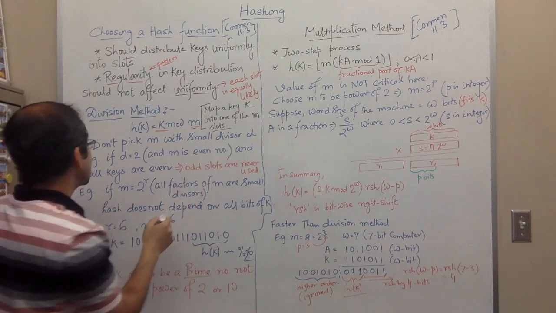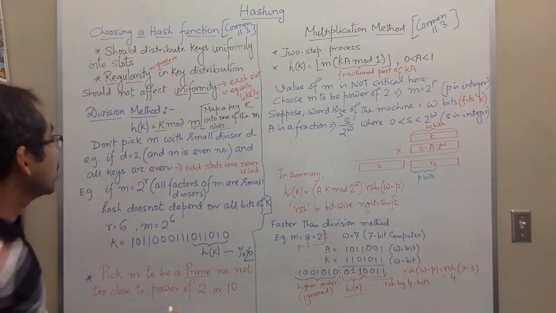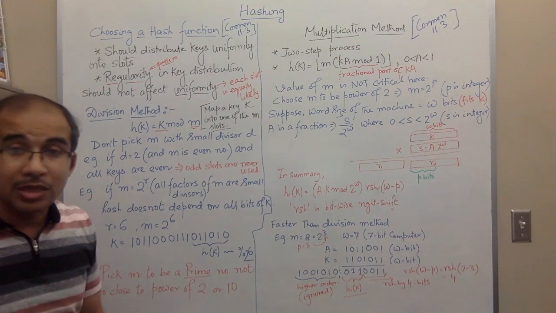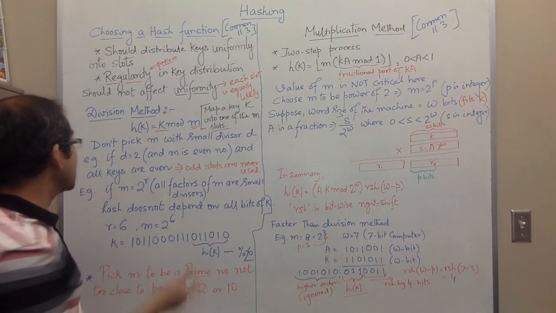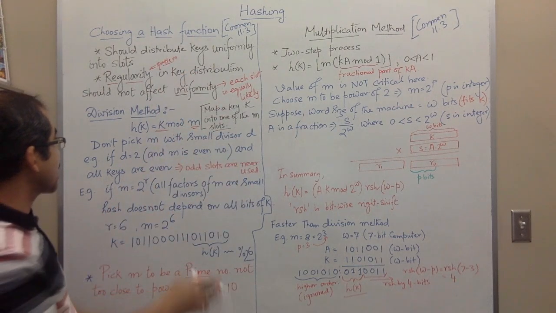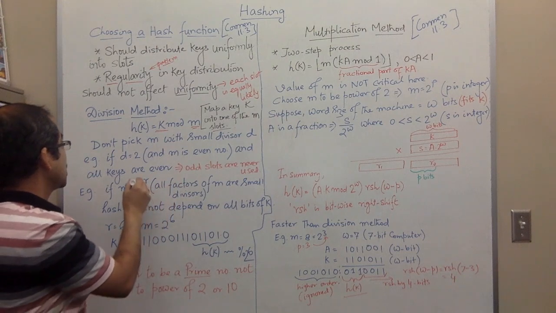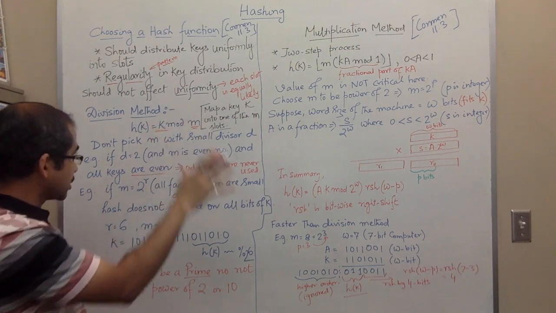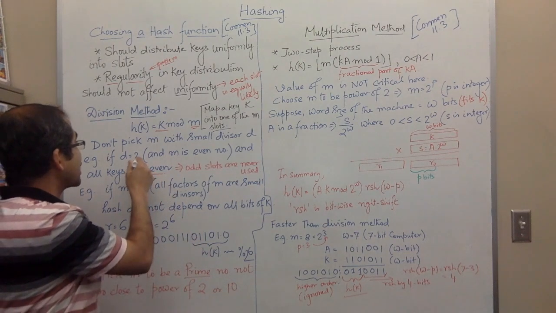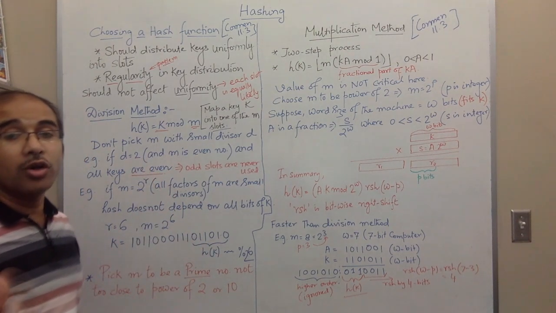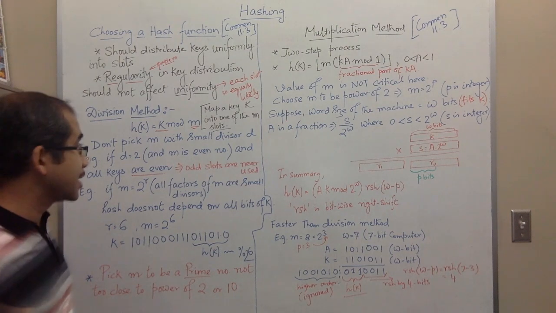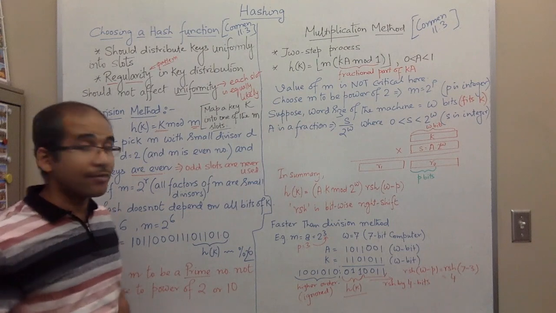Now choosing this m is a little bit tricky, because if you choose m with a small divisor d, like d equal to 2, then m becomes an even number. And if all the incoming keys are also even, then what will happen? If m is even, meaning the number of slots in the table is even, like 10 slots, and you divide by 2, then only the even slots in the table will be filled, and the odd slots will never be filled.